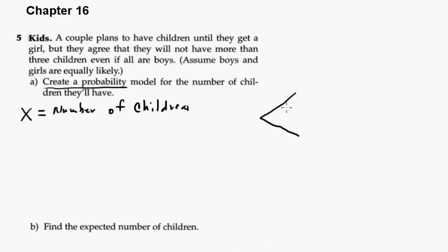They're going to have 1 kid. So it's either going to be a boy or a girl. We're going to assume they're equal probability. So they're going to stop right here because they get a girl.